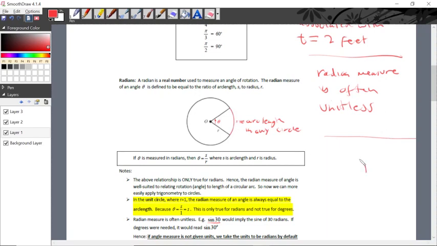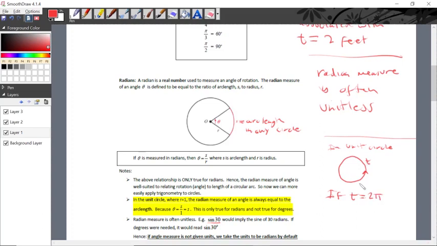If we went around an entire circle, let's say in the unit circle even, so again, in the unit circle, let's say T is the distance around the entire circle, then that means that T is equal to 2 pi.